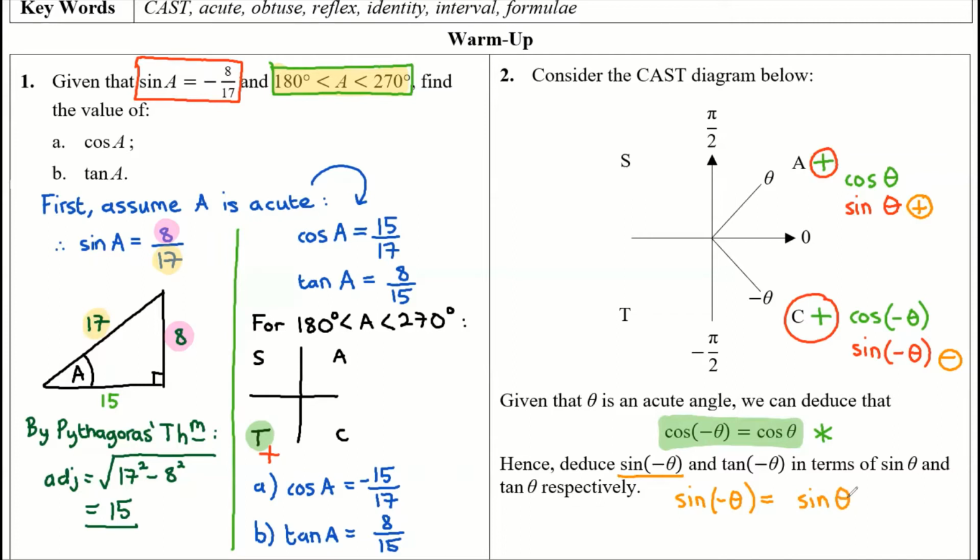So we have to change the sign of this one. Now, it's the same situation for tan. It's only cosine that's positive in that fourth quadrant. I'll say it again, really important, only cosine. So tan behaves in exactly the same way.